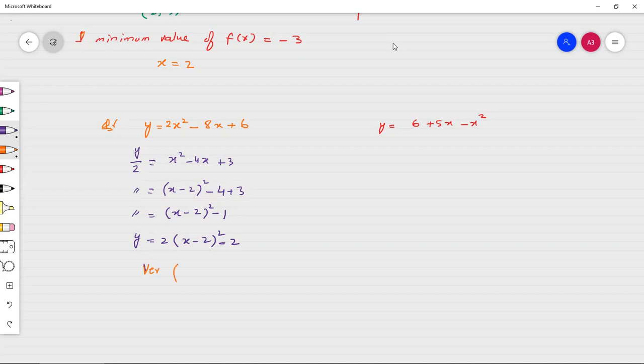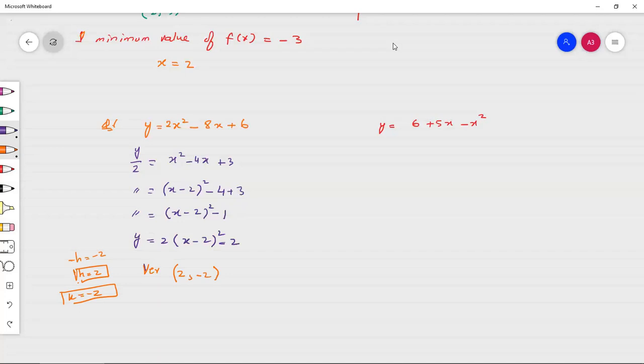I'm not going to write down its standard form, just writing directly. Because minus h is equal to minus 2, h will be plus 2, and then plus k is equal to minus 2, so k will be minus 2. So the vertex is 2 and minus 2. And you know very well this is the value of x, while this is the value of y.